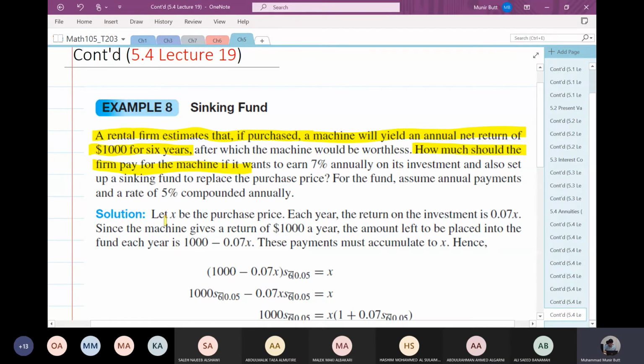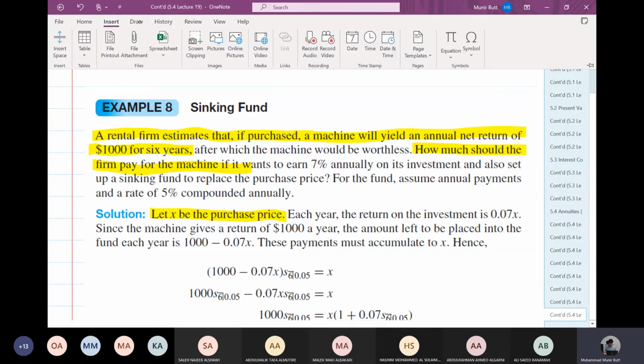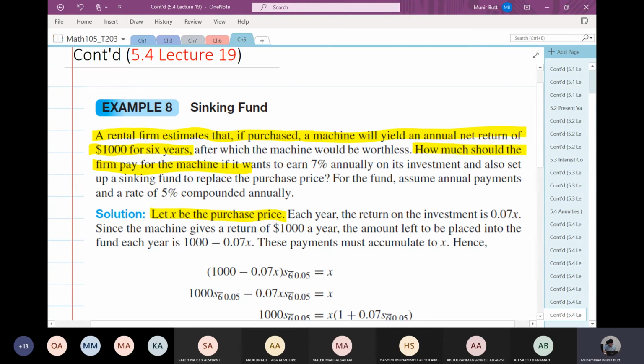So we say that let X be the amount that the firm will pay for the purchase. Now there are 2-3 very interesting things. He wants to earn 7% annually on this machine. So what will be the return on the investment?